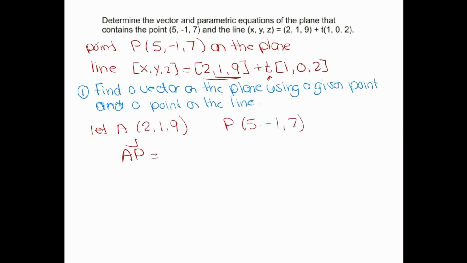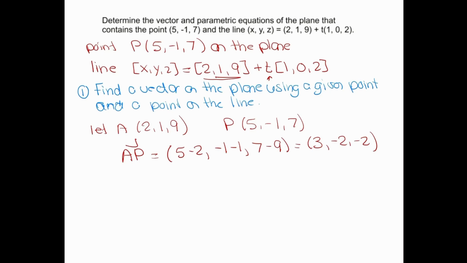So we can get AP by doing x2 minus x1, y2 minus y1, z2 minus z1. So we have 5 minus 2 for our x value, negative 1 minus 1 for our y value, and 7 minus 9 for our z value. That gives us a vector 3, negative 2, negative 2.